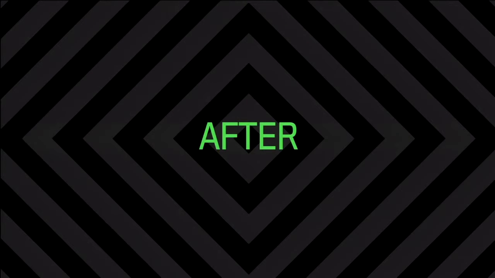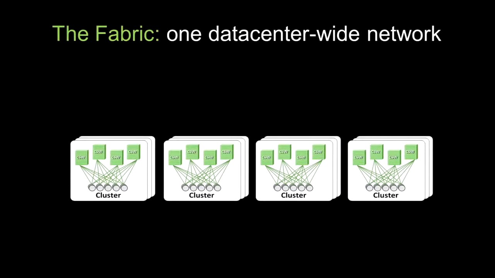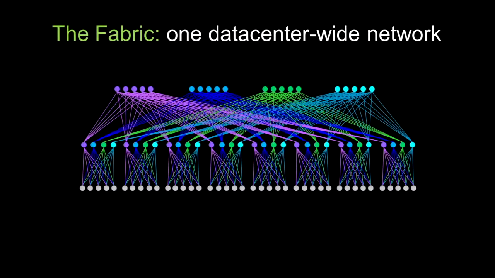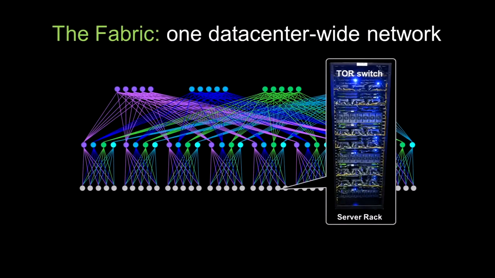So what we did to address it, we replaced this network of clusters with oversubscribed intercluster connectivity with one building-wide data center network. Each dot on this network in the bottom is the same rack with the servers and the top of rack switch in the top. It's pretty much the same building block.